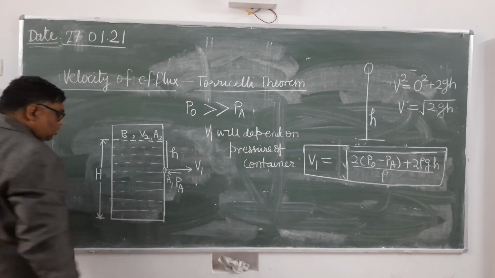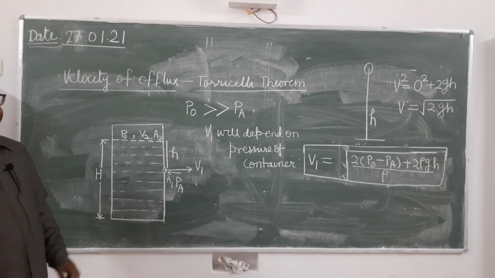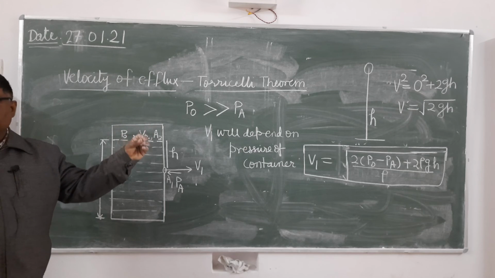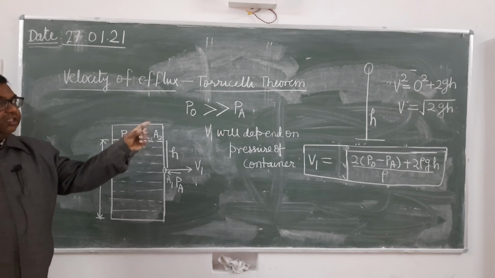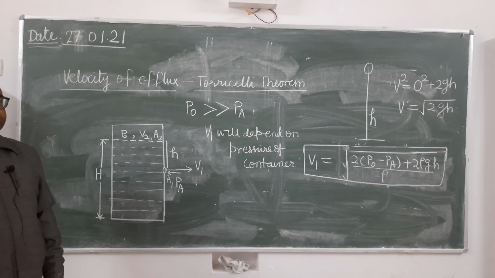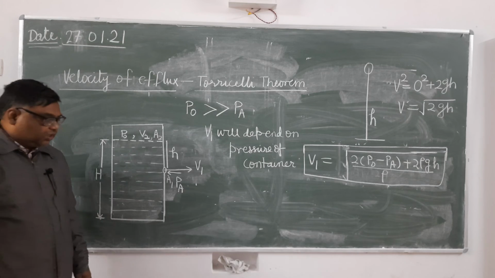It is clear? When a body is falling from height h freely under gravity, then the velocity acquired by the body will be equal to root 2gh.